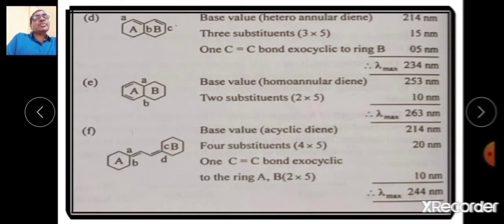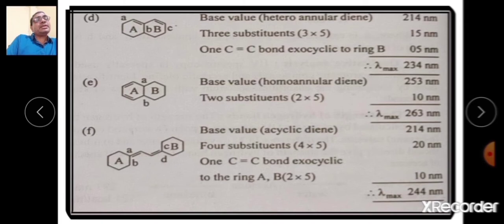In this example, yes, it is a heteroannular diene. The double bonds are present in two different rings. Here double bond, single bond, double bond, that is present in the two different units. A is one substituent, B is another substituent, and C is the third substituent, and the base value for heteroannular diene again is 214 nanometer.